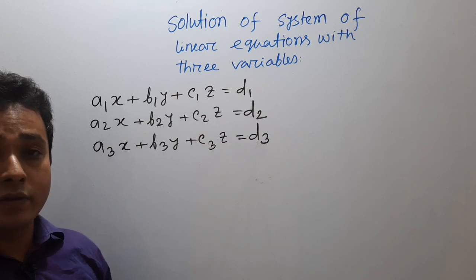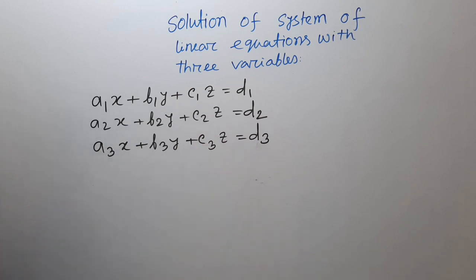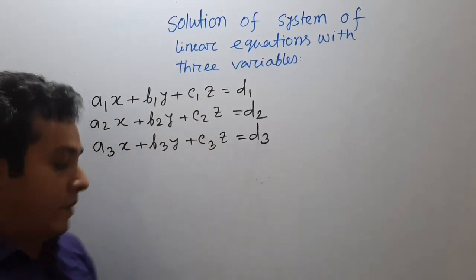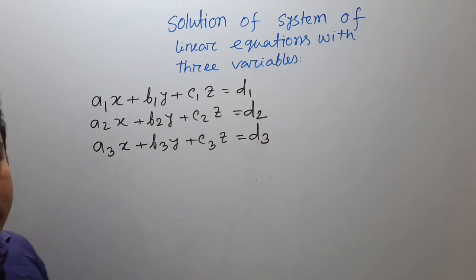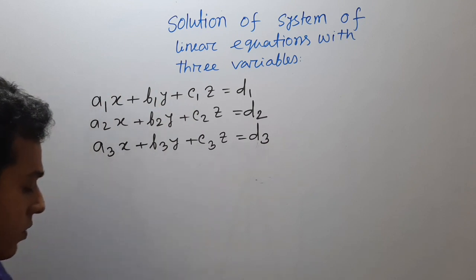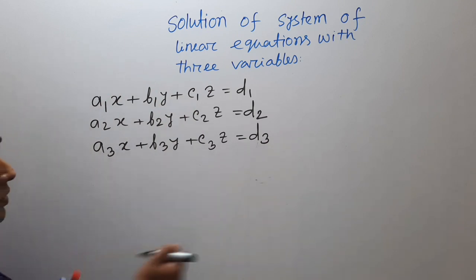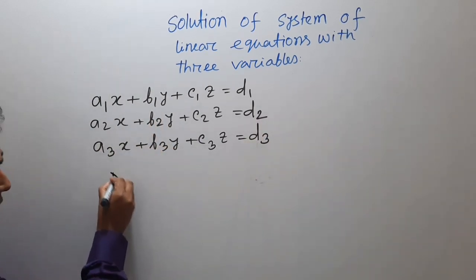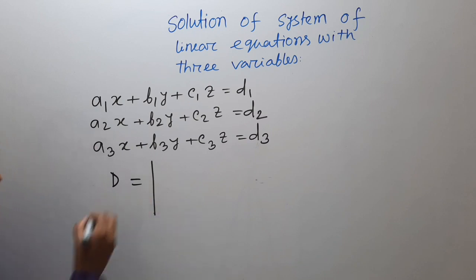By Cramer's rule. At first we want to create a determinant D, which is created by the coefficients of the 3 variables x, y, z.